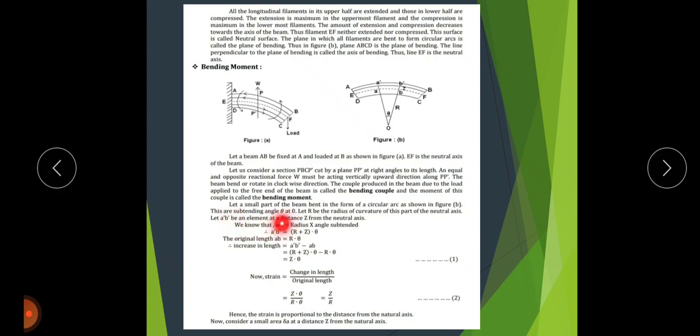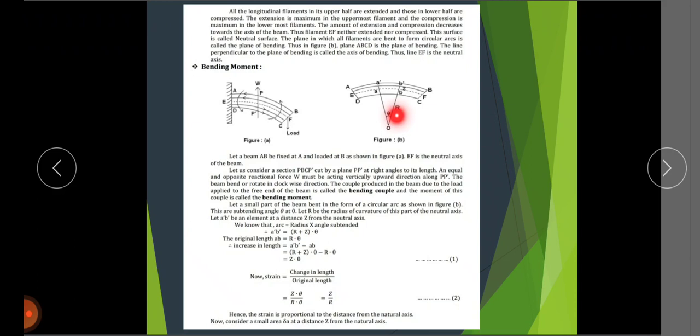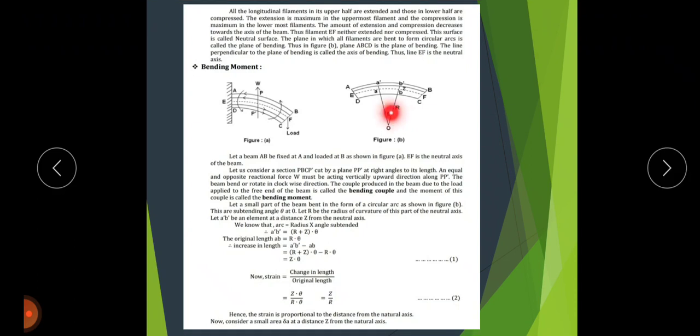The subtended angle is theta at O, and R is the radius of curvature of this part of the neutral axis.